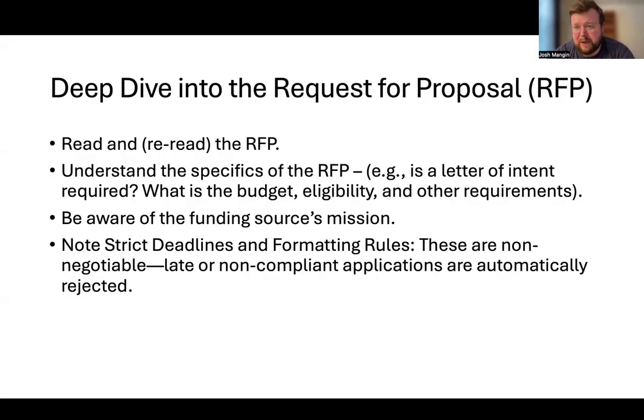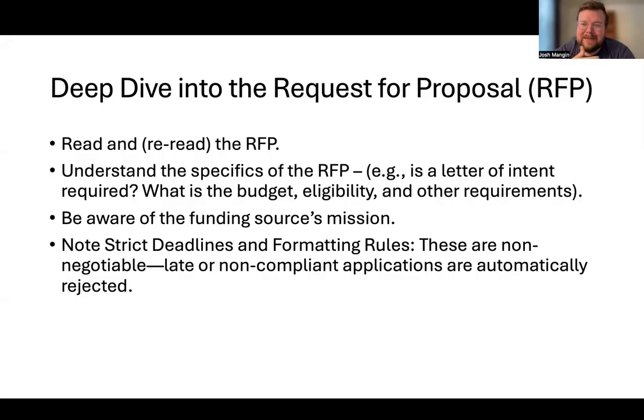One of those clarification questions could be of really understanding the funding source's mission. A lot of federal sources, this is easy to find. There's going to be some sort of web page or document describing the mission of a federal agency and especially the program that they're offering grants through. Private foundations, this may not be as easy to find, so this is when asking someone at the agency to describe what their mission is for this grant funding source.